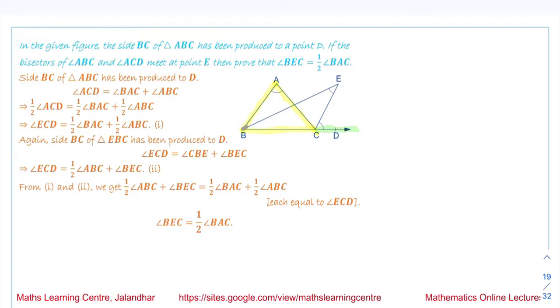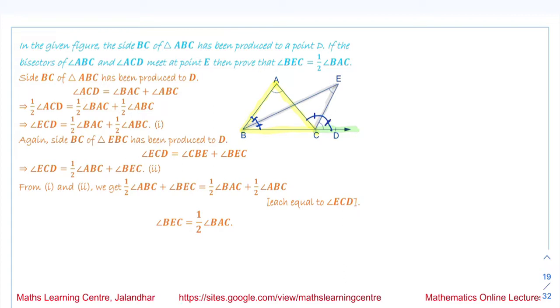One is the angle bisector of this angle, this is BE, and second is the angle bisector over here. So angle bisector means these two angles are equal, and over here these two angles are equal.